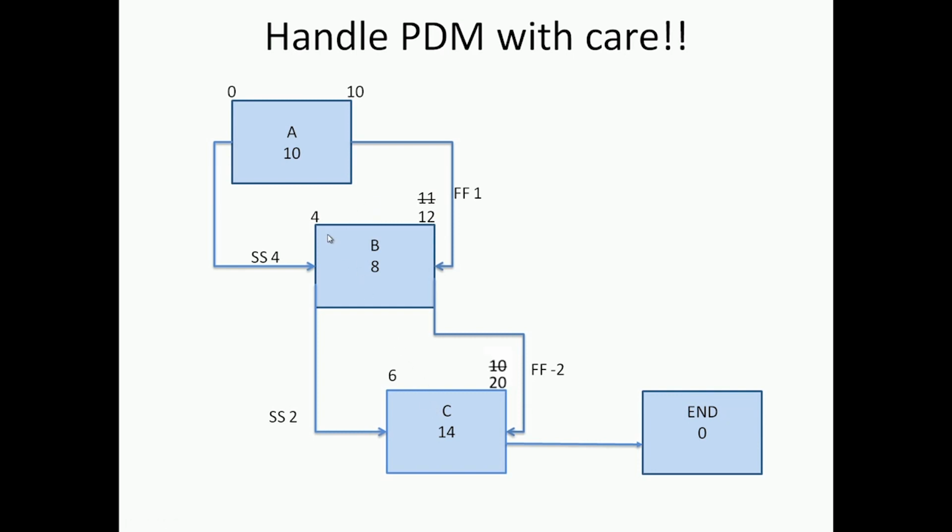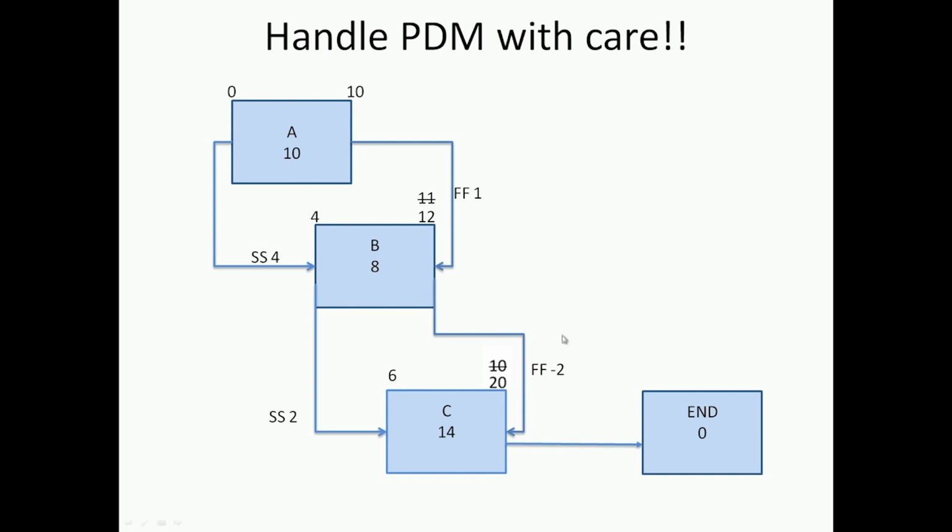Here again you have a start relationship with a lag of 2 between B and C. So when I come down to C using the lag of 2, the early start of C becomes 6, and going through the duration of C, 14, the early finish of C becomes 20. Now using the finish relationship, remember we were at 12 here. Now we come with the finish of -2, so it goes to 10.